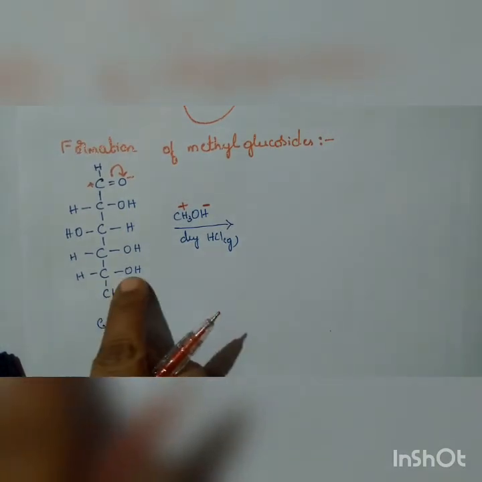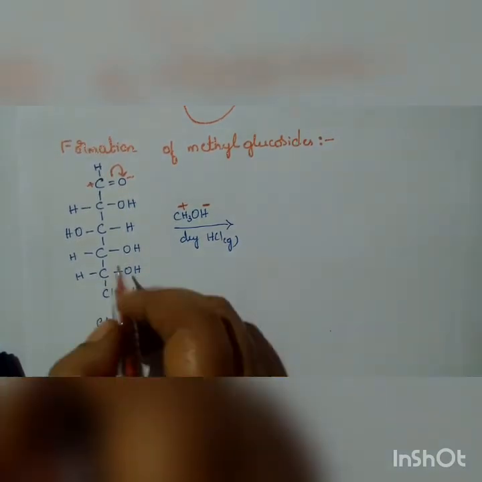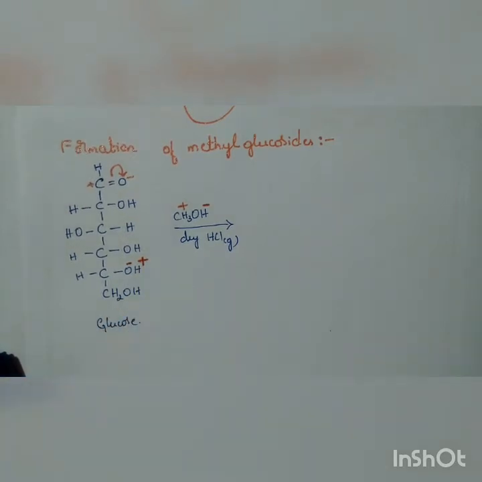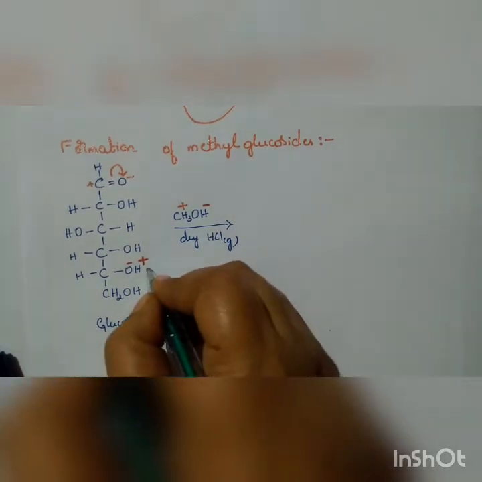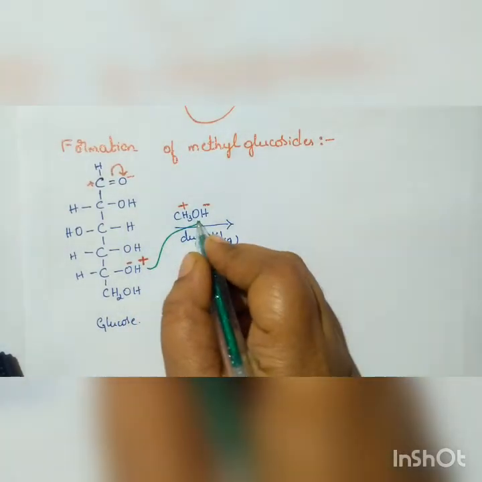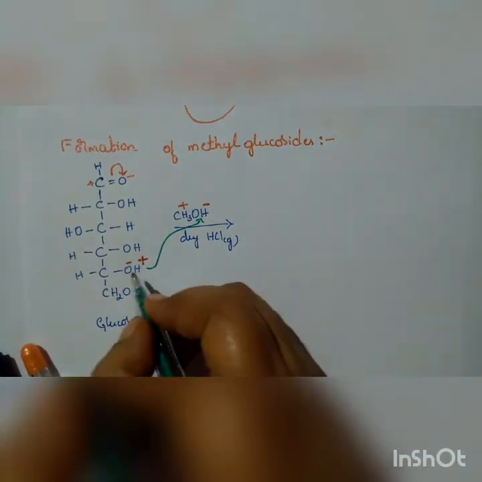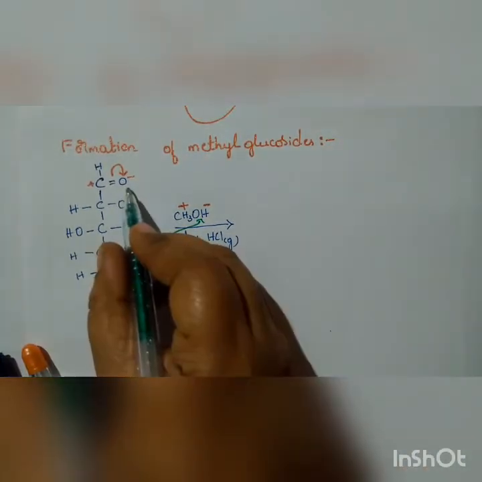Now at the fifth carbon atom, we have O minus and H plus. Now we shall see how they combine with one another. H plus is going to combine with OH minus. Then we have an O minus here.